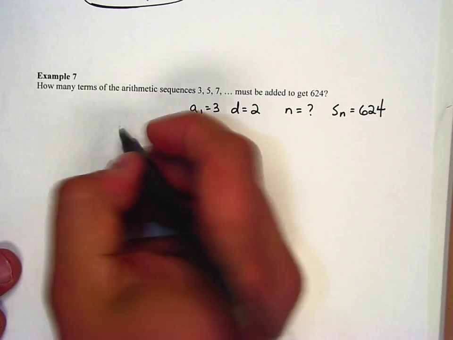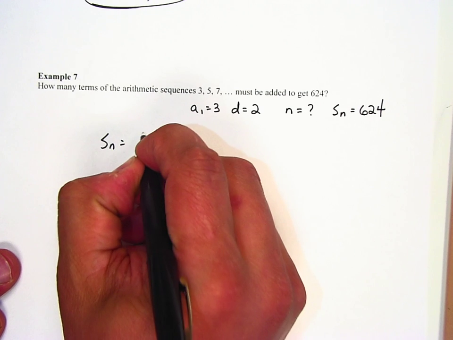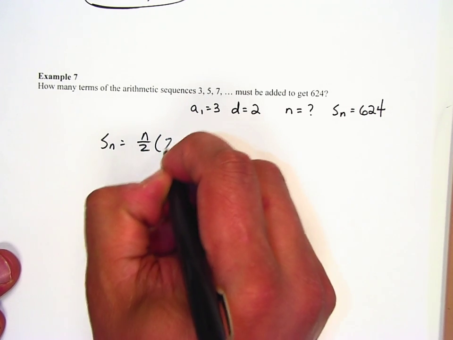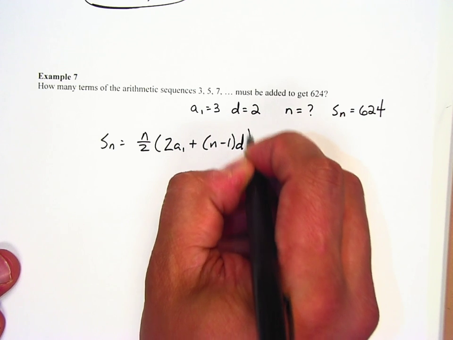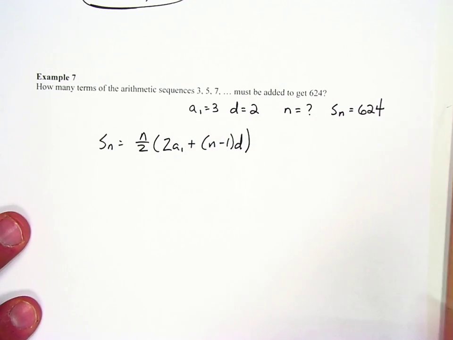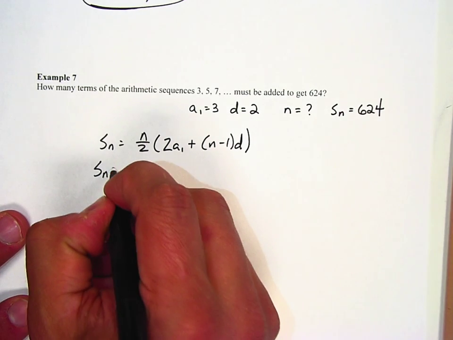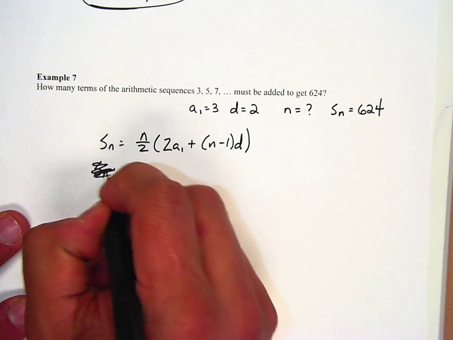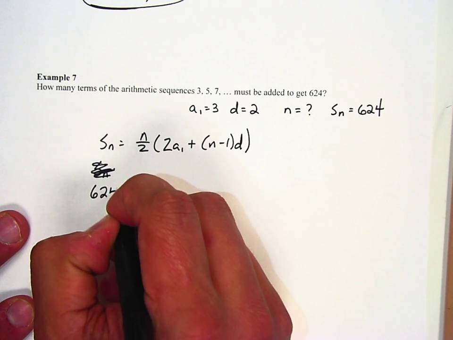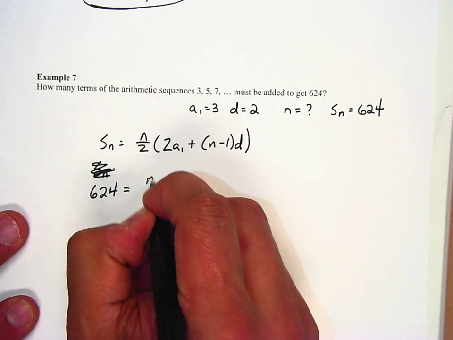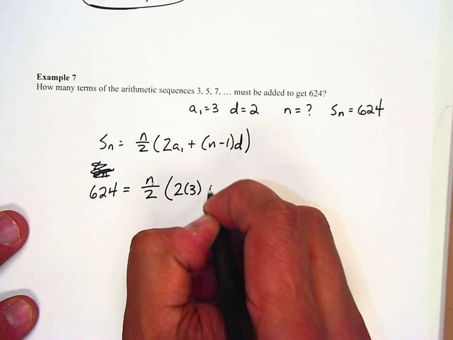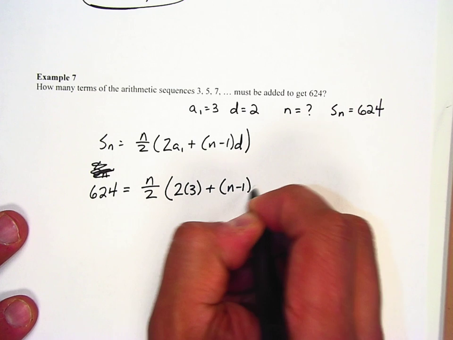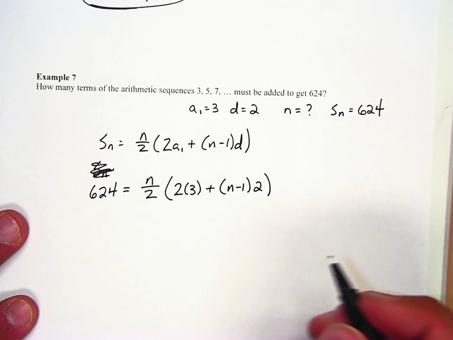So I'm just going to use my s sub n equals n over 2 times 2 a sub 1 plus n minus 1 d. Again, I said that formula is going to be very important. You can see that it is. This here is going to be 624 equals n over 2 times 2 times 3 plus n minus 1 times 2.